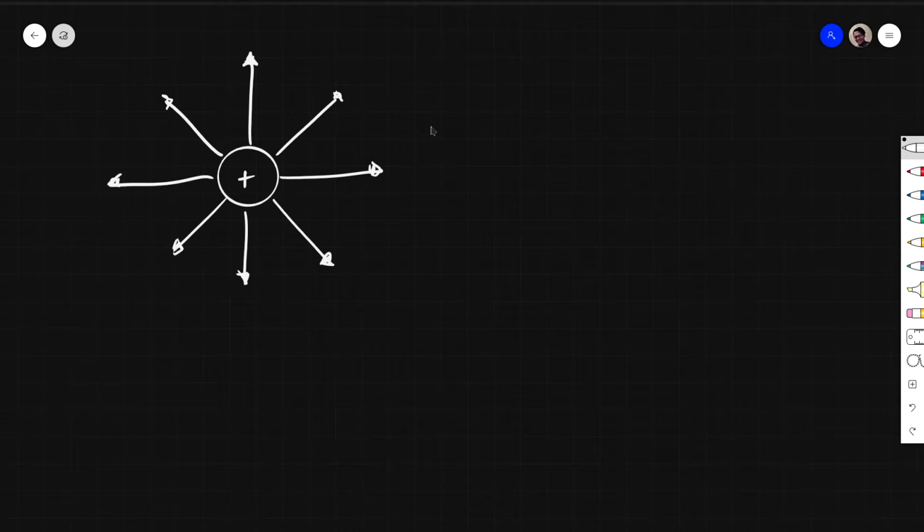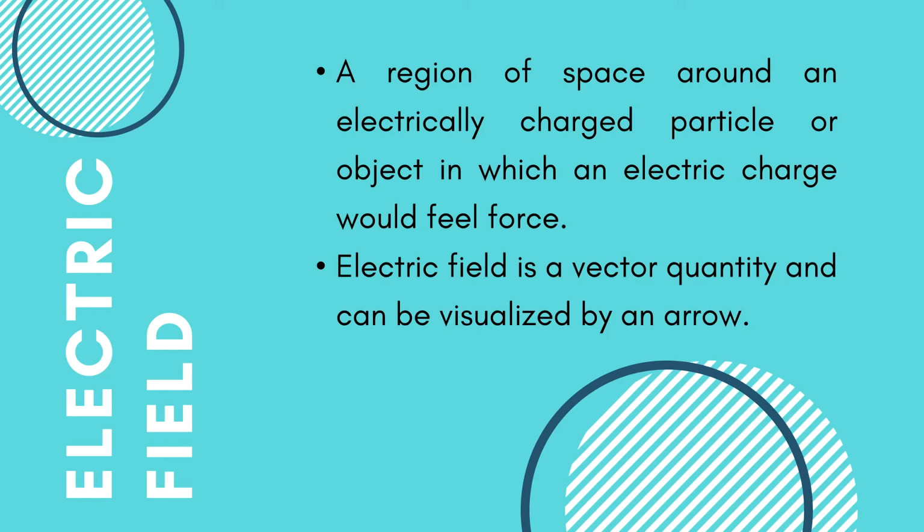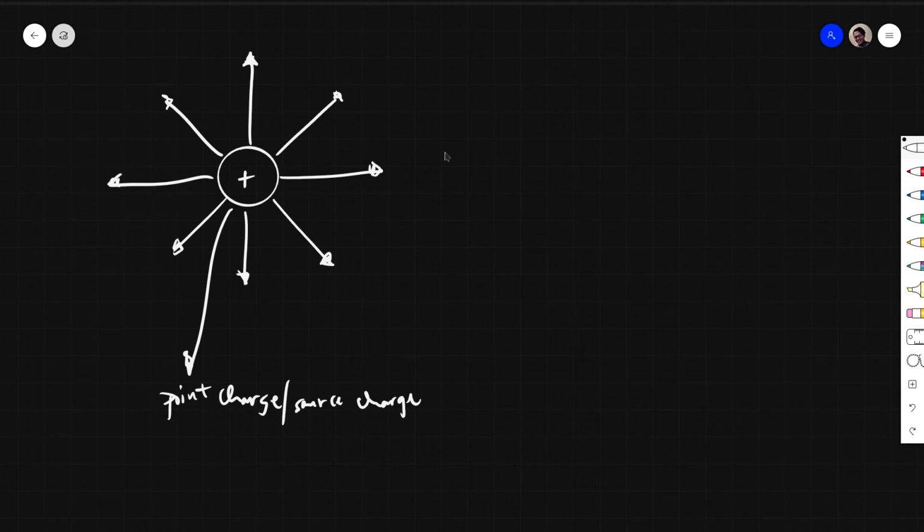That's the region of space outside, or emanating from, what we call a point charge, or a source charge, that generates this electric field.